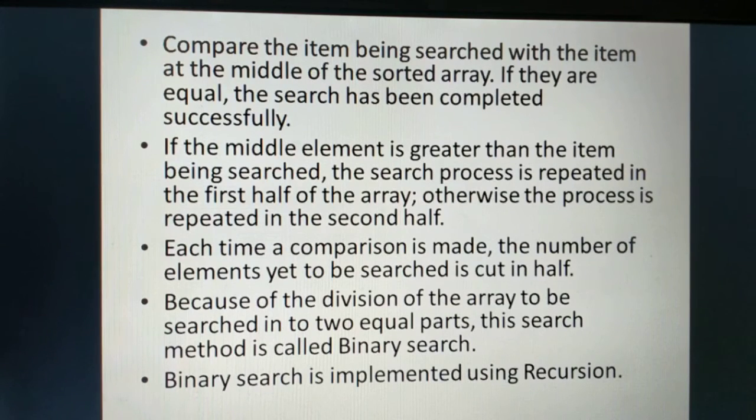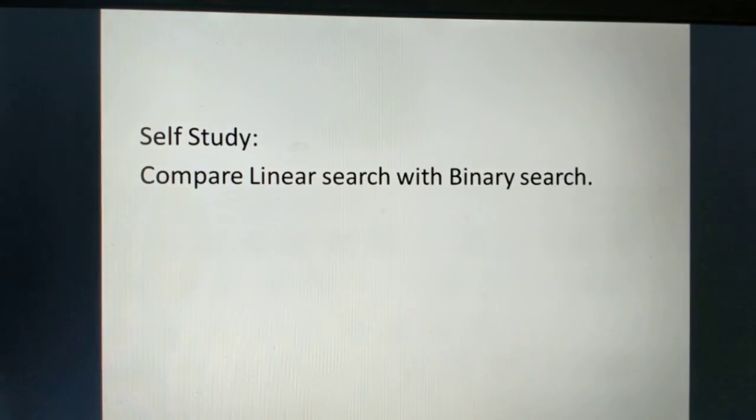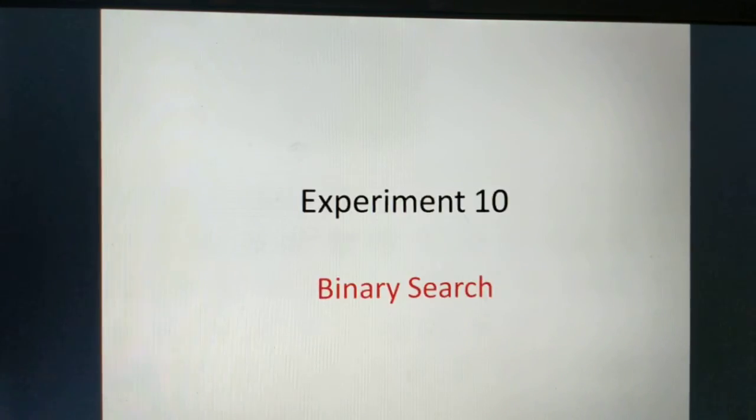That is how you carry on your search process. Very simple. Each time a comparison is made, the number of elements to be searched is cut in half. That's the reason. Because of this division of the array to be searched into two equal parts, this search is called binary search.